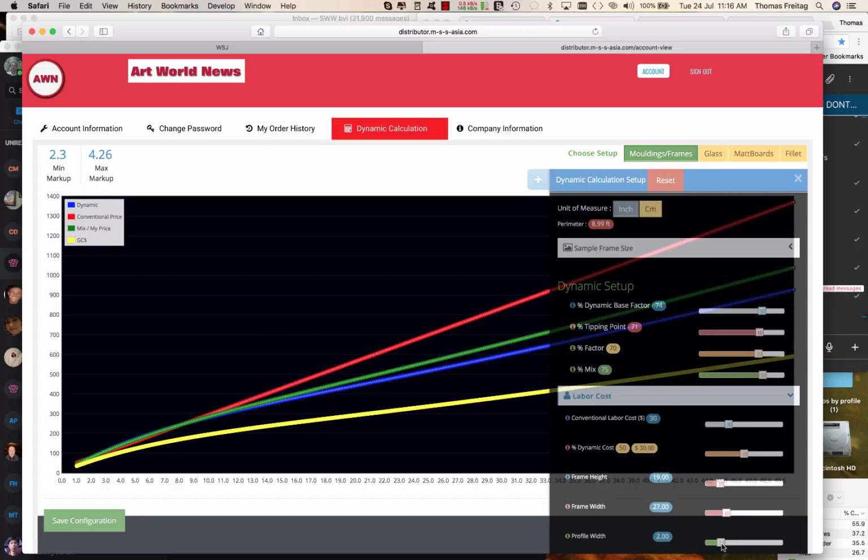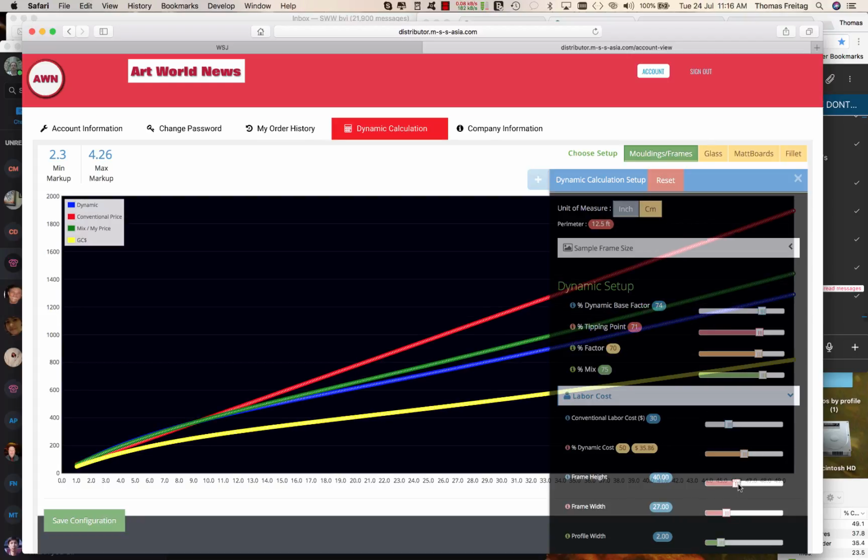So if you take your 2-inch molding and you don't make a 19 by 27, let's say you make a 27 by 42 or 41, also your labor costs adjust from $30 to $36.